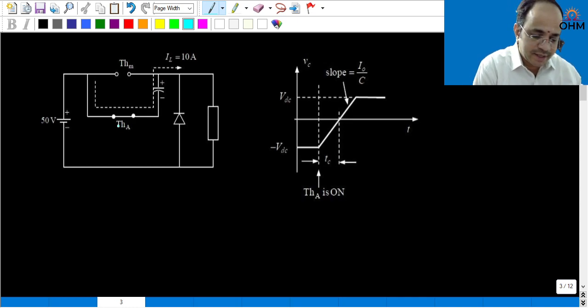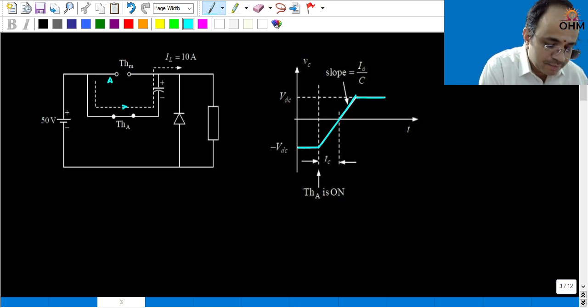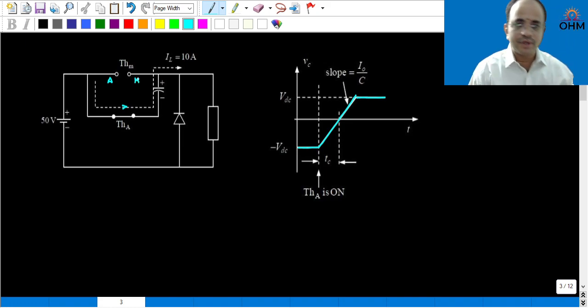Whenever the auxiliary thyristor is turned on, constant load current is flowing in this direction. Therefore, the capacitor voltage will charge from, now see here, minus VDC to plus VDC, right? So this capacitor voltage will directly apply between the anode and cathode terminals of the main thyristor.